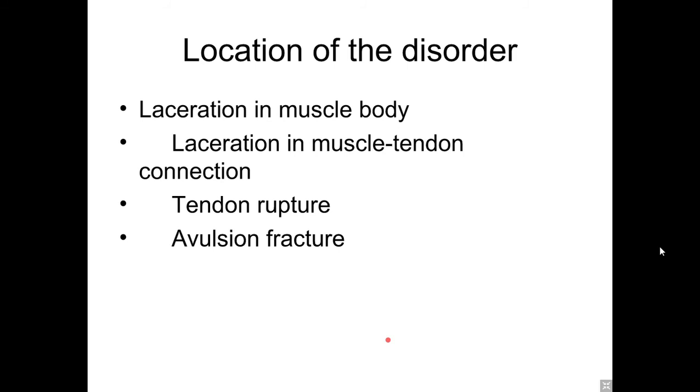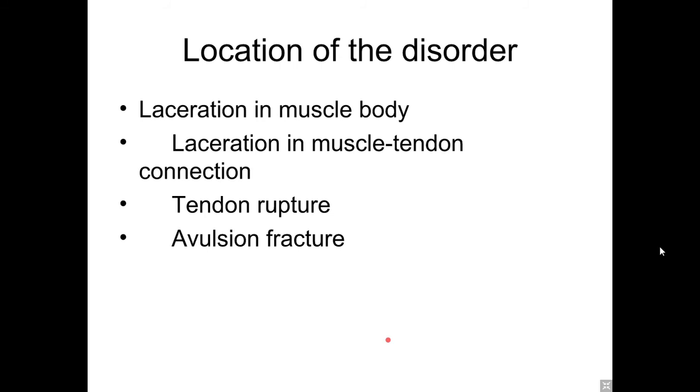The location of muscle disorders could be different. Every part of the muscle could be destroyed. One could be observed at the point of origin of the muscle. Then comes the point of insertion of the muscle to the bone.